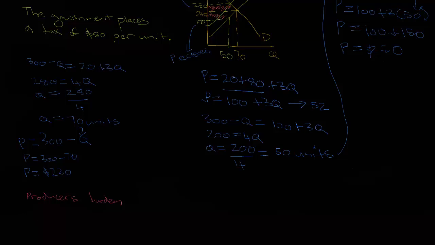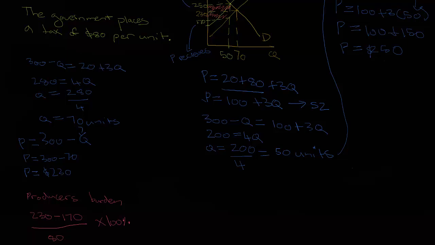So the producer has to pay 230. The height there is 230 minus 170. So we go 230 minus 170, divided by the overall tax, which is $80, times 100%. Just to clarify, this small rectangle is the proportion that the producer pays, and this area here is the total tax.